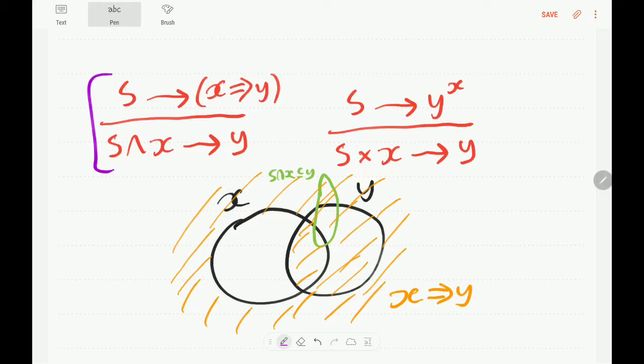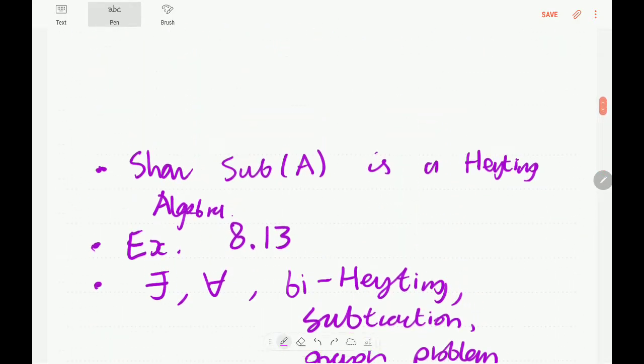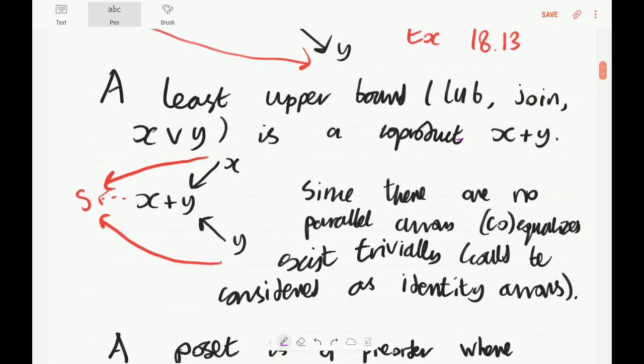And it's basically saying that to say that S is contained in the stuff where X implies Y, shaded in this orange here, is equivalent to saying that X and S is contained in Y, as you can see by this little green sub-object I've shown here. Okay, so right, let's carry on.